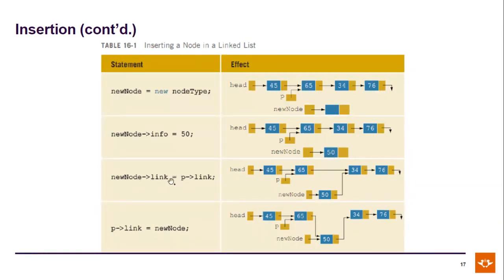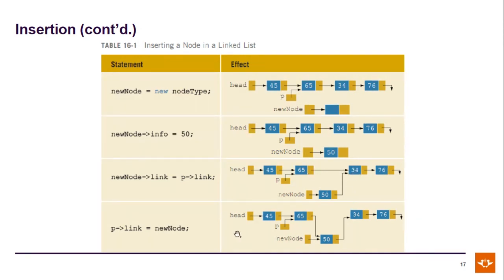And when I say new node link is p link, I'm saying that the pointer to the next node for new node will point to the same location as what this node is currently pointing to. So I'm making this node point to what that is pointing to.